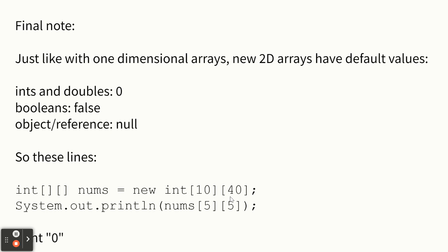One final note for today's notes: just like with one-dimensional arrays, 2D arrays have default values. Ints and doubles default to 0, booleans default to false, and object, String, and reference data like frogs default to null. These lines right here create a two-dimensional int array, and if I print one, it prints 0.